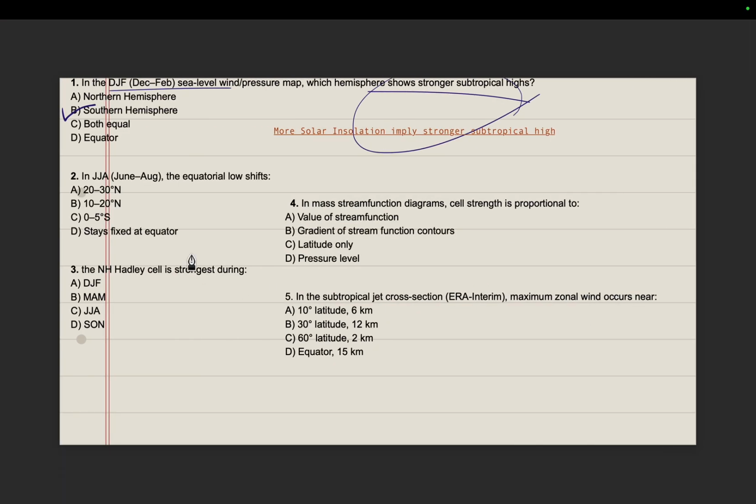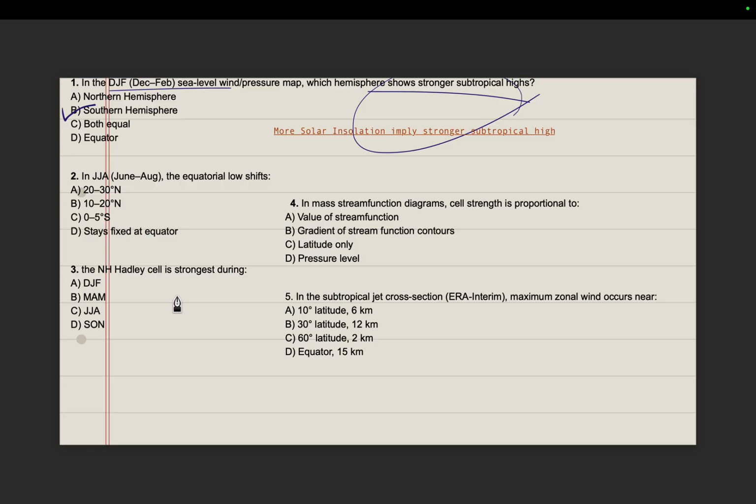The next question is: in June, July, August, that is, in the northern hemisphere summer, the equatorial low shifts where? 20 to 30 degrees north, 10 to 20 degrees north, 0 to 5 degrees south, or stays fixed at the equator.